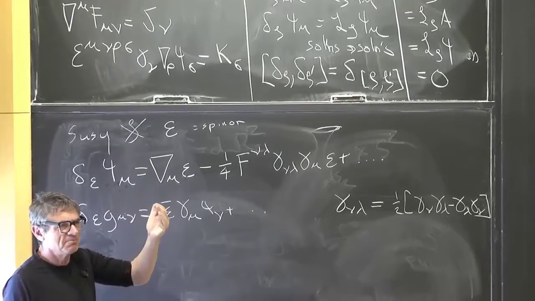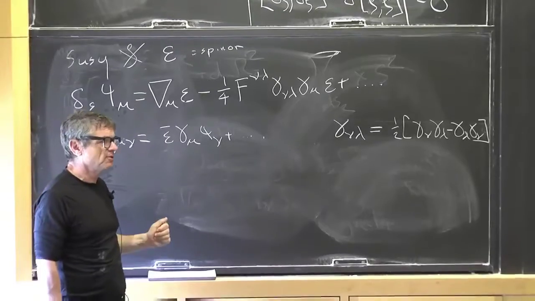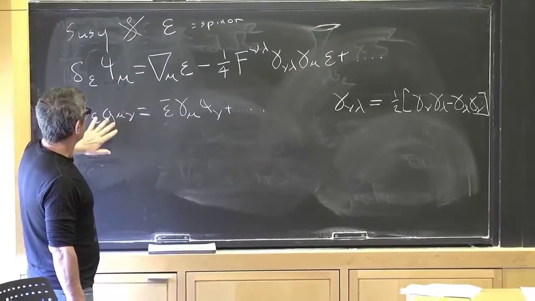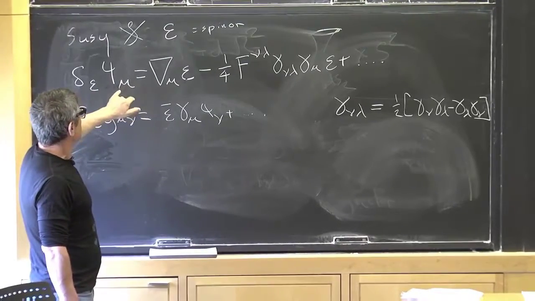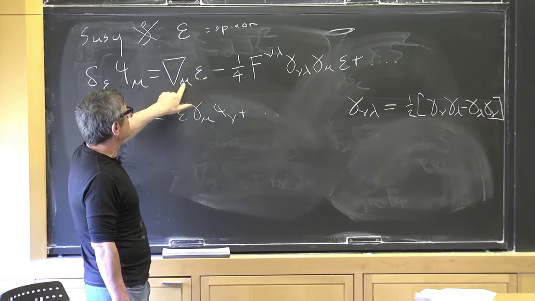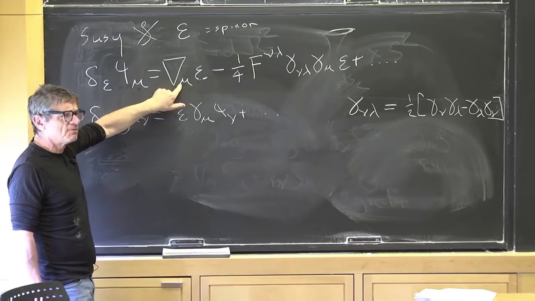But the metric doesn't get mixed up with the gauge field or with anything else under the ordinary diffeomorphisms. Here, in the covariant derivative, we have the derivatives of the metric.